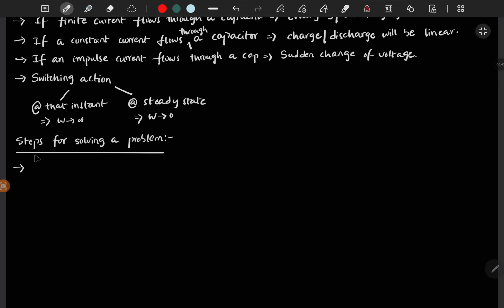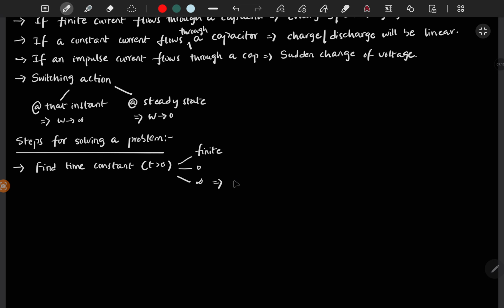So first you have to find the time constant for t greater than 0 if the switching action is happening at t is equal to 0. So find the time constant, and there might be 3 possible cases for the time constant. It can be finite, it can be 0, it can be infinite.